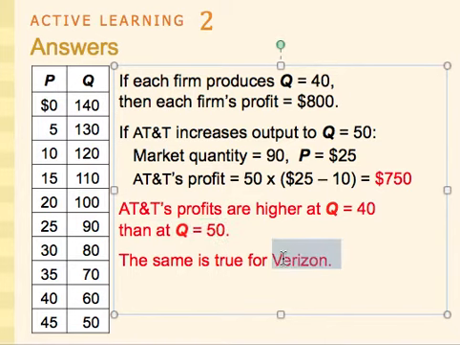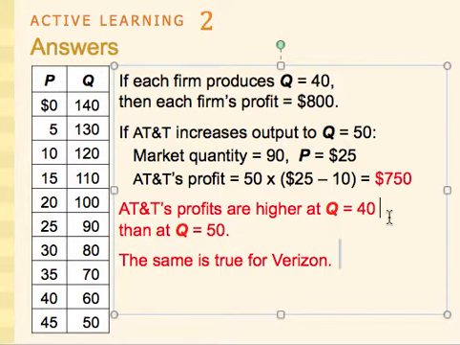Okay, the same is true for Verizon. So essentially, if they're going to try to work together, they need to actually have a solid cartel so they can get that original 900. Okay, so they produce 30 apiece and the market output is 60.